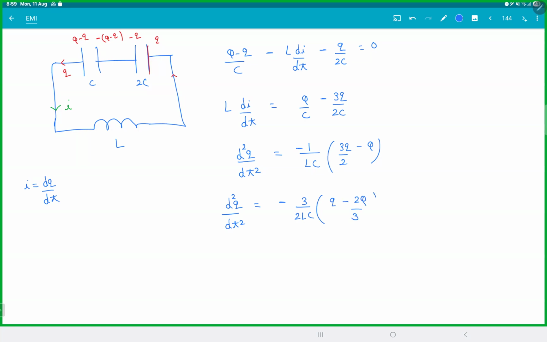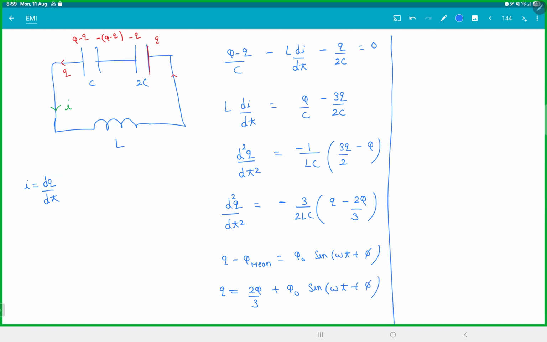For this, the general equation will be q minus Q mean is Q naught sine omega t plus phi. At t equals 0, small q was 0, since it is the 2C capacitor that was empty.